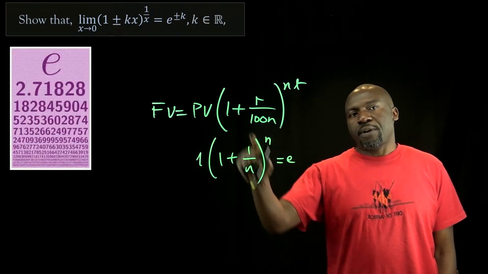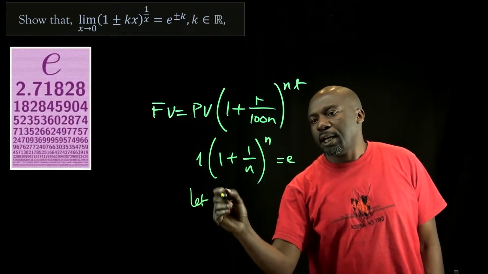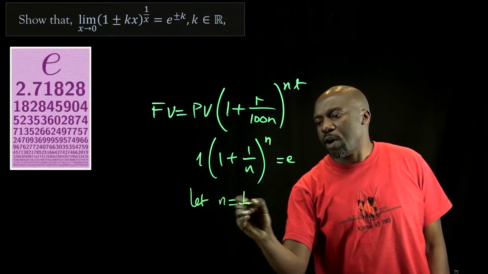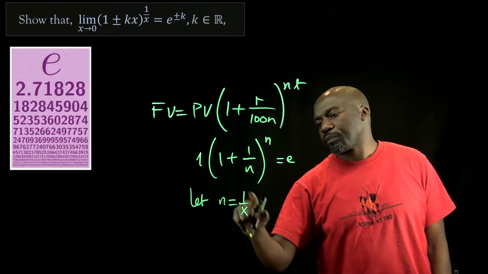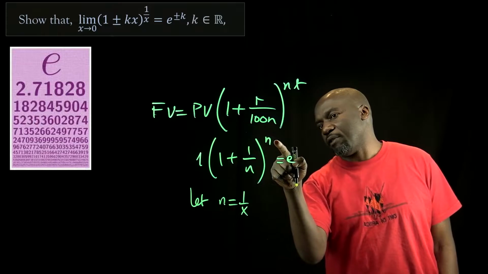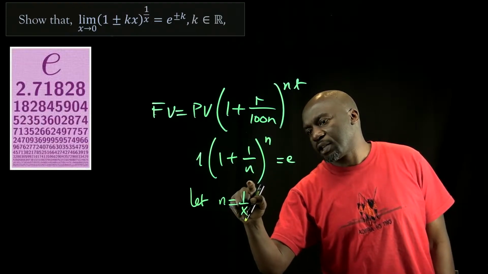This is in fact similar to that. If we let n be represented by 1 over x, then this becomes 1 over x, and this becomes 1 divided by 1 over x, which is just x.